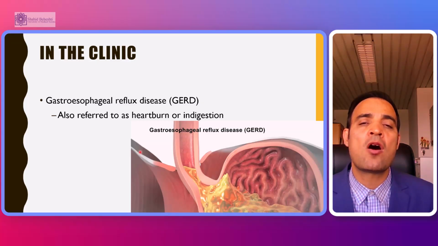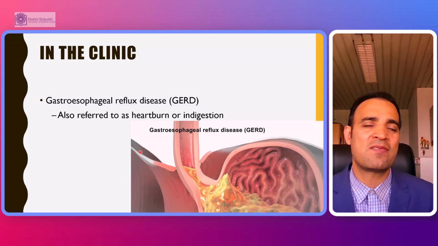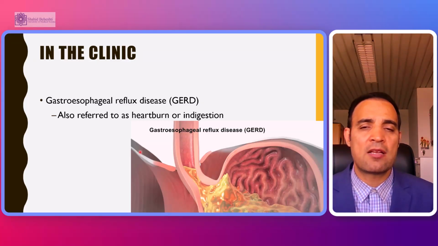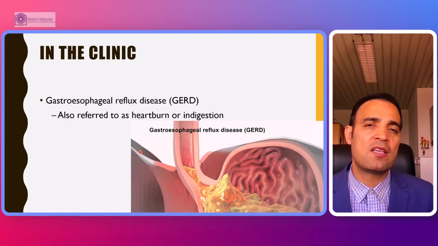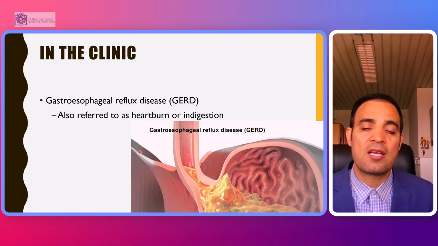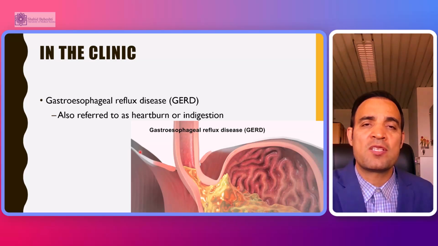This is named heartburn or indigestion that some patients have, and there are several ways to treat it. One way is to reduce the acid content of the stomach. There are some other maneuvers to protect the esophagus from this acidic content.